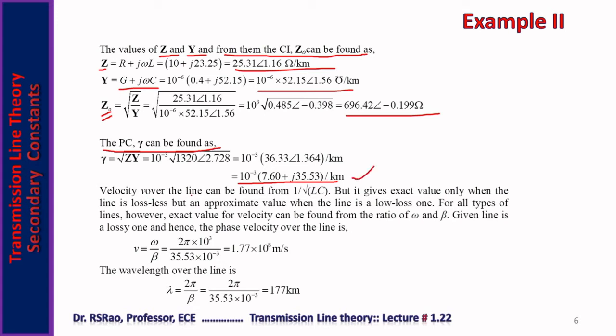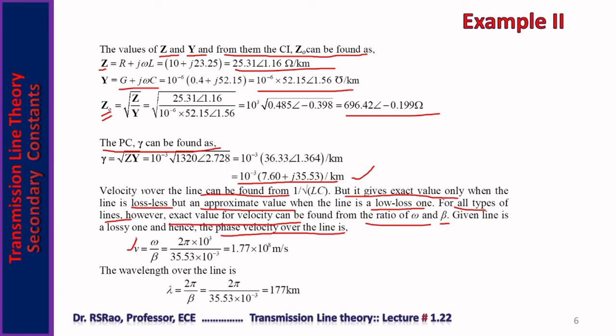Velocity over the line can be found from 1 by root LC, but it gives an exact value only when the line is lossless, and an approximate value when the line is a low loss one. For all types of lines, however, the exact value for velocity can be found from the ratio of omega by beta. Given the line is a lossy one, to find the phase velocity over the line we have to use omega by beta.